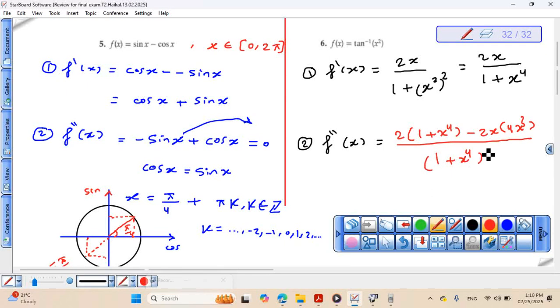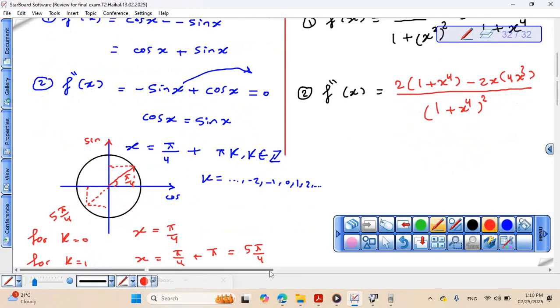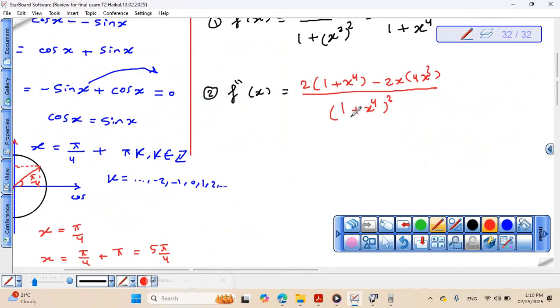This is the second derivative. Okay, make the second derivative equal 0. The denominator isn't equal 0 because 1 plus x to power 4 to power 2 is always positive, but the numerator may be equal 0.